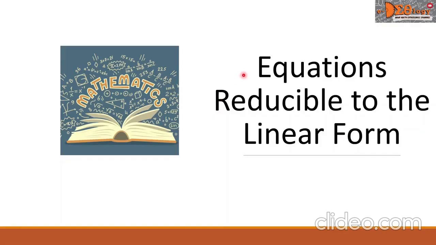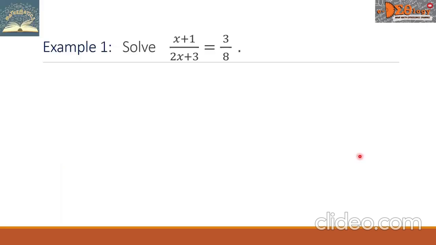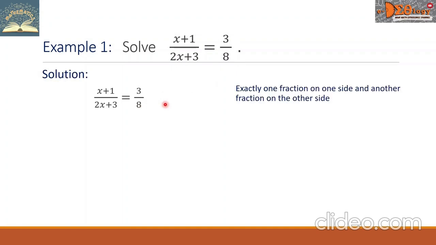Today we're going to study equations reducible to the linear form. Example 1. Solve x plus 1 all over 2x plus 3 equals 3 over 8. Observe here that we have fractions on both sides.